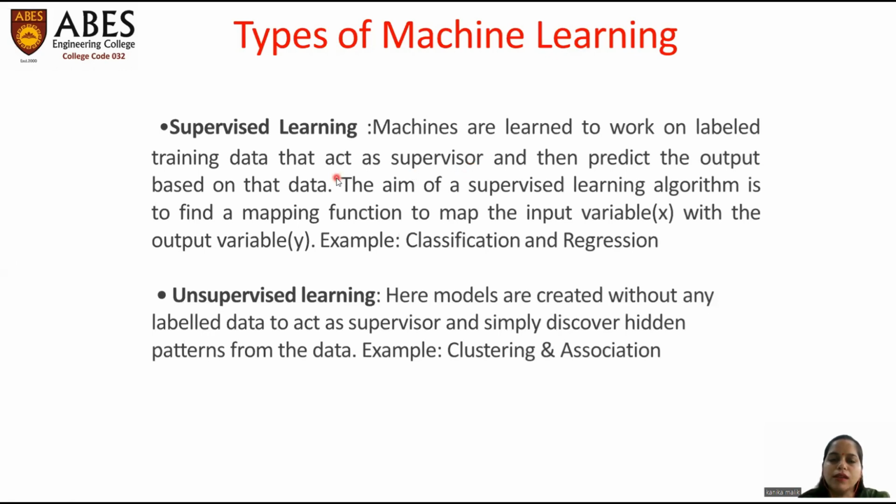Here, supervisor means the labeled data that acts as a supervisor. In machine learning, when we are working on different data sets, we have 2 types of data. One is known as training data and the other is known as test data. They are nothing different, but some of the data which has been picked from the input data.